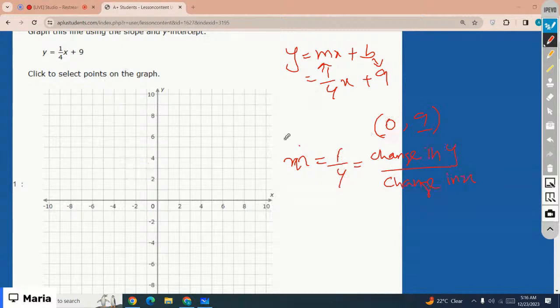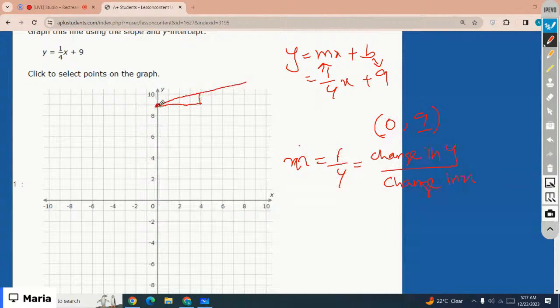So first thing is the y-intercept, 0 and 9. X is 0, y is 9. Then change in y by 1 and x by 4, that is 1, 2, 3 and 4, that is the change in x and that is y. So the graph is like this, it passes through here, right?